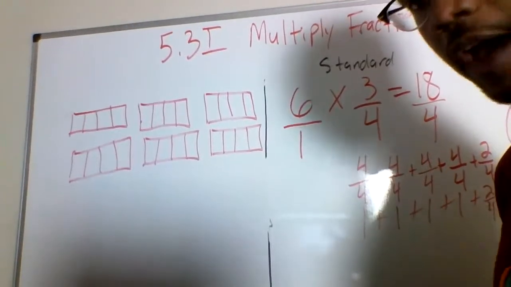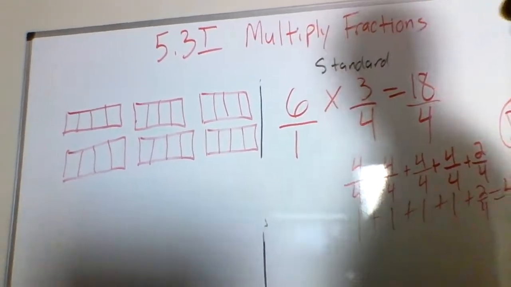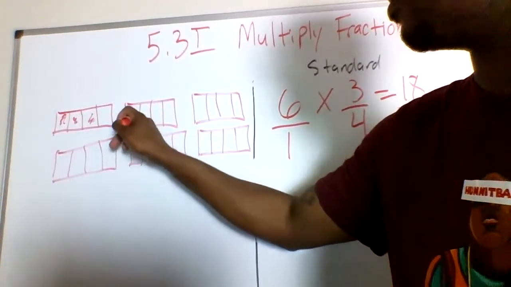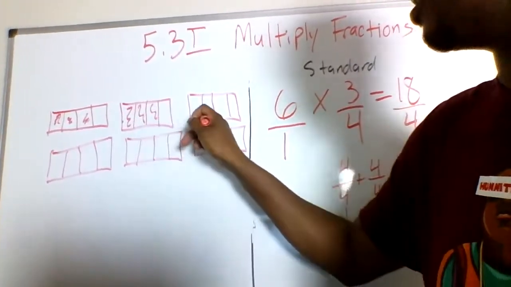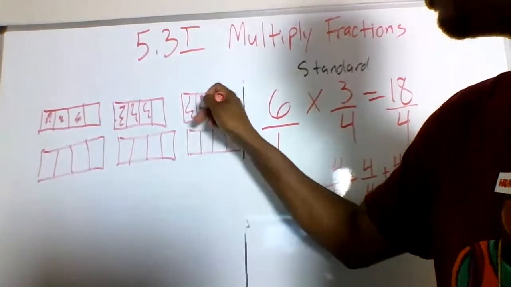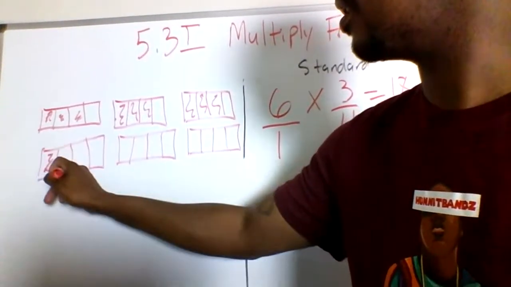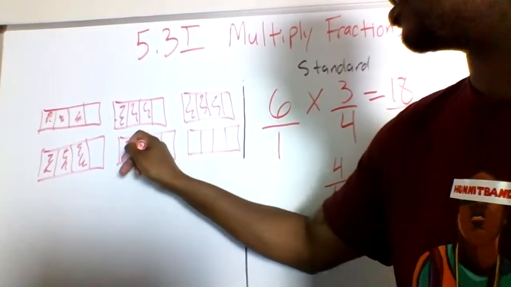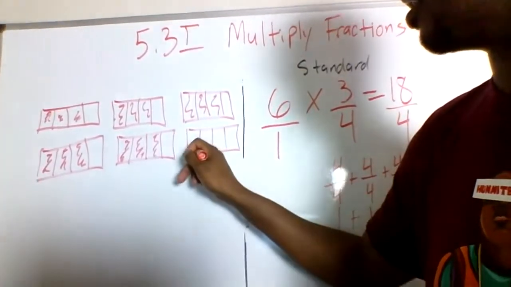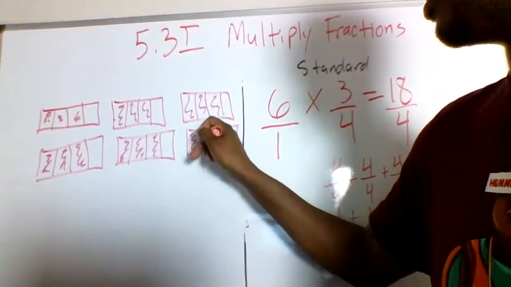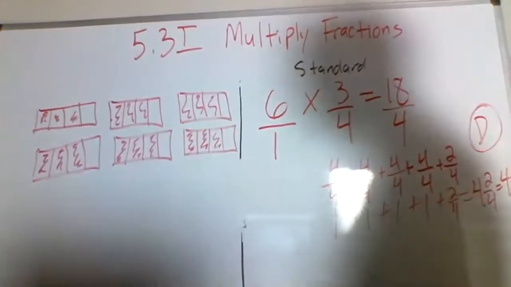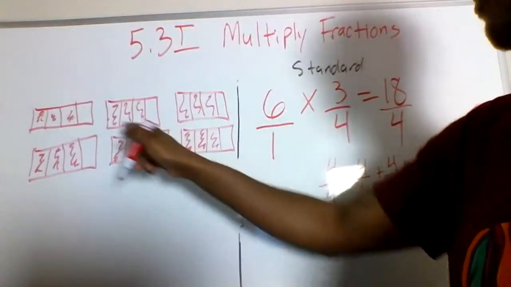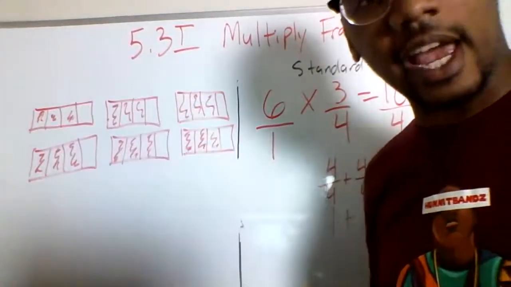Now, after I make them all into fourths, I would shade 3 of them. 1, 2, 3. 1, 2, 3. 1, 2, 3. 1, 2, 3. 1, 2, 3. 1, 2, 3. Now I see 6 times 3 fourths. I see 3 fourths 6 times.